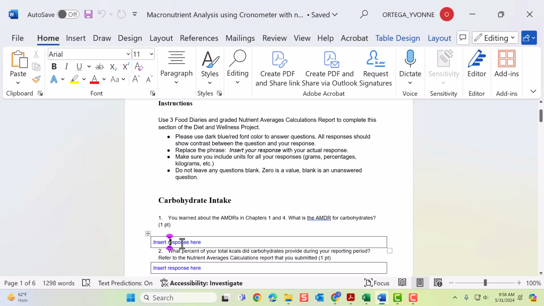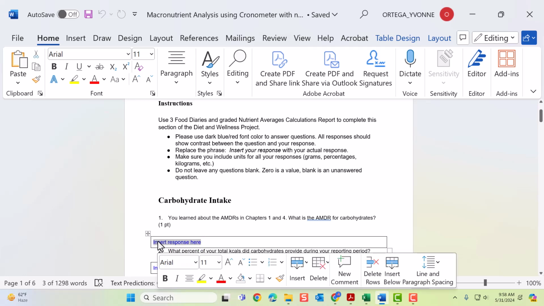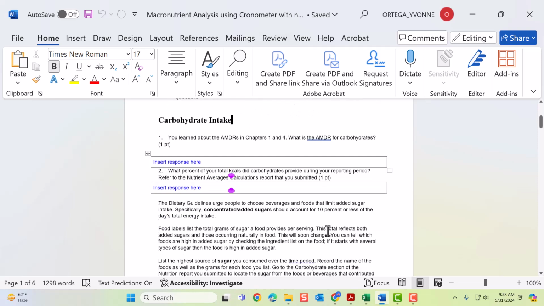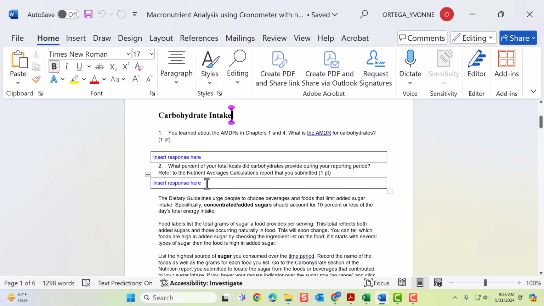So when I say enter response here, you could just highlight it and type in your response and it'll remain blue. Or if you want to use a different color that I can see, I give dark blue or red as options for you, but you're using the text box to enter your responses.